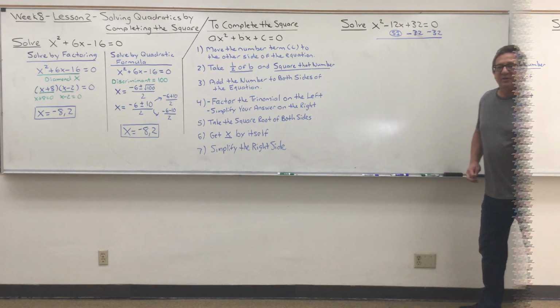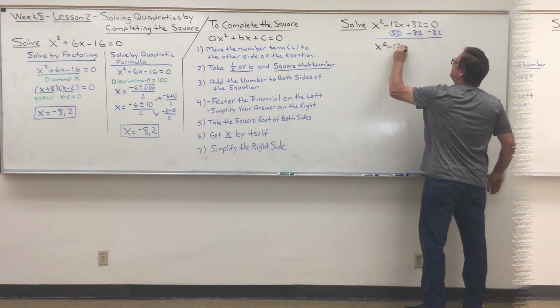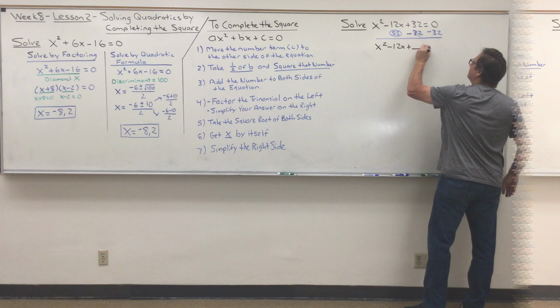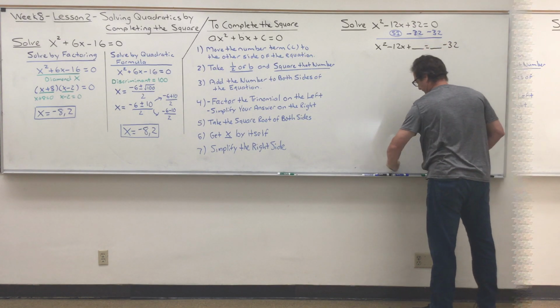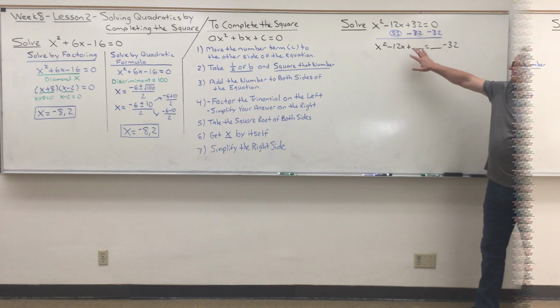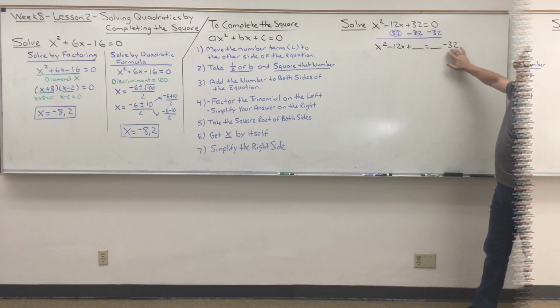So we subtract 32 from both sides. So we have x squared minus 12x plus blank, okay, we're getting ready for step 2, equals blank minus 32.